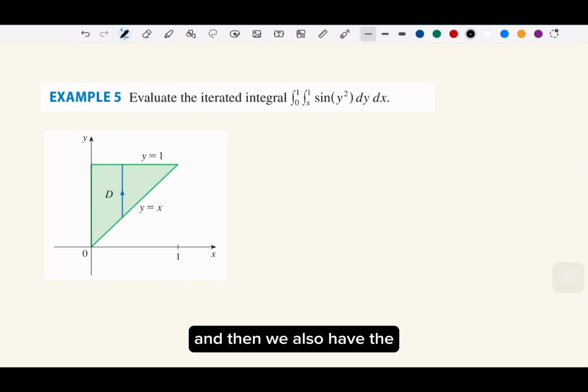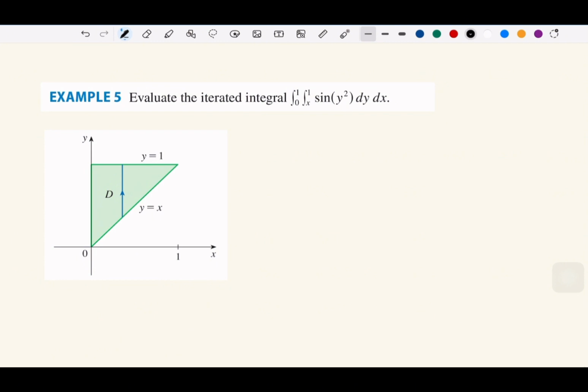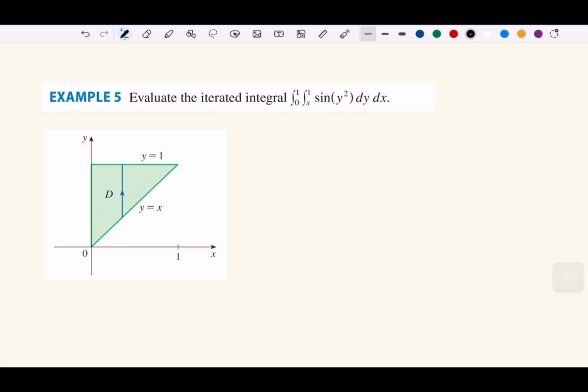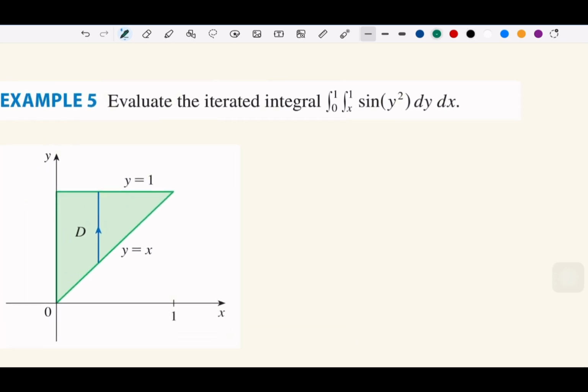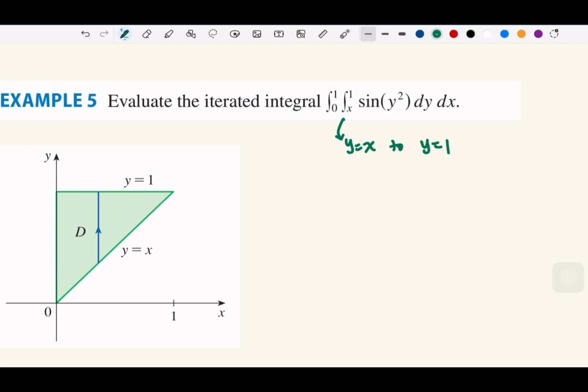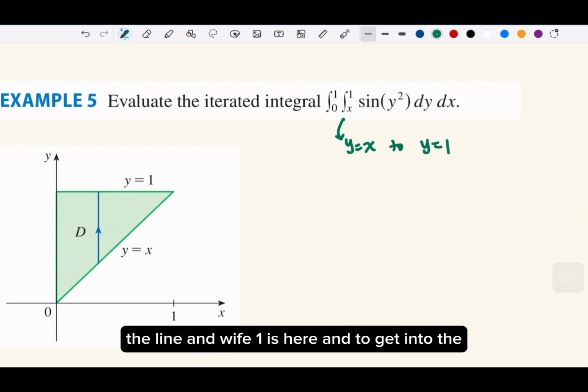And we also have the endpoints: x is from 0 to 1, and y is from y equal x to y equal 1. As we see from the picture, this is how it is. y equal x is here, the line, and y equal 1 is here.